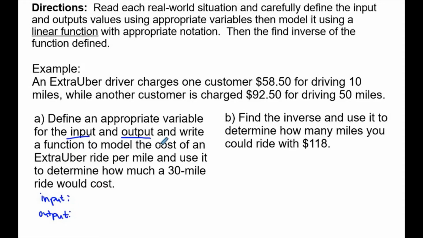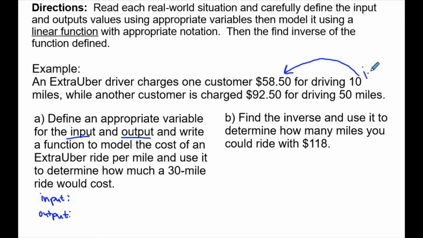The way you determine the input or independent variable is you think about which of these two items is producing the other. Is $58.50 producing 10 miles, or is 10 miles producing a cost of $58.50? And when you say it like that, it's pretty obvious that the 10-mile ride is producing that cost.